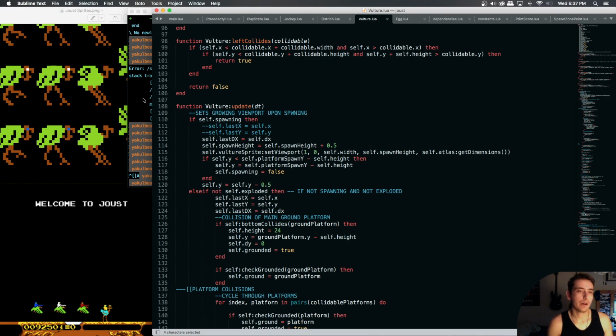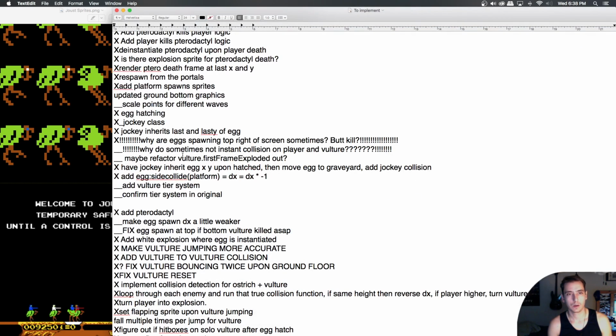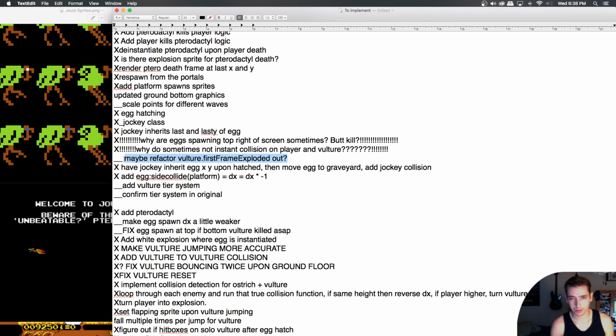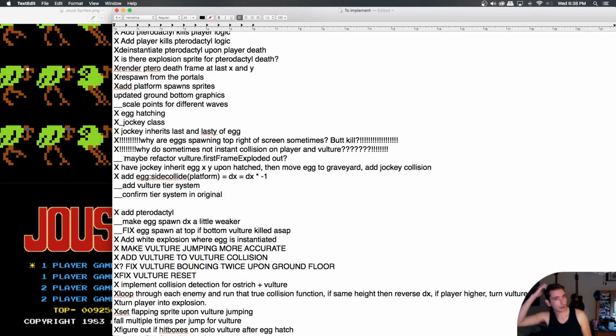Okay. I don't know. We've got more bugs to fix. We fixed this. This is exactly what I wrote last time. First frame exploded, I took it out because it was giving us problems. So we need to rethink that, I think. So it looks like I was on to that.